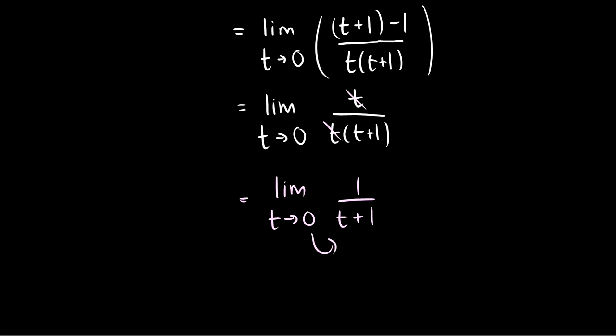We can now just plug in 0 for t, and we'll get that this is just 1 over 1, which is just equal to 1. Okay, so again, another skill you should be able to do, which is working with fractions and simplifying it to get a limit that you can deal with.